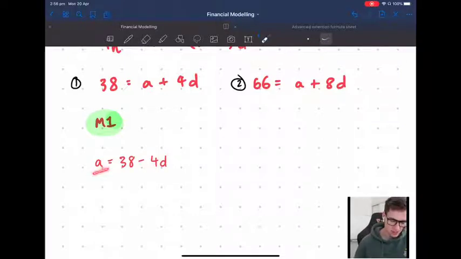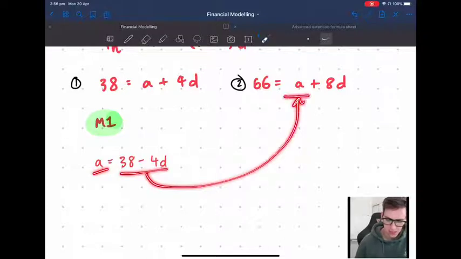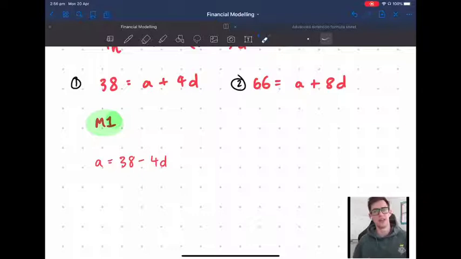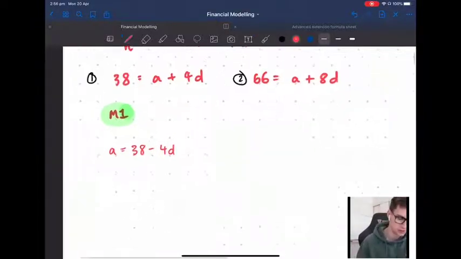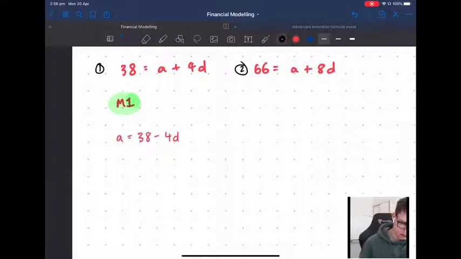Now that I have A equals, and remember that was from equation 1, I can pop that A value into equation 2, and it will be all in terms of D. And then I can solve for D, come back and solve for A. So I'm going to do that. This is now equation 2, but instead of A, I'm going to write everything that I just wrote.